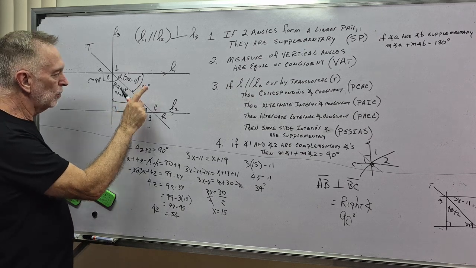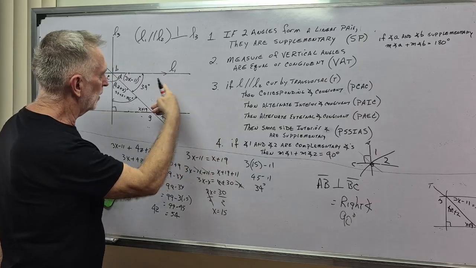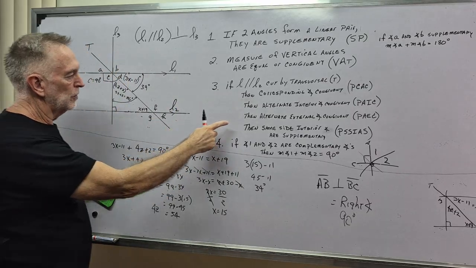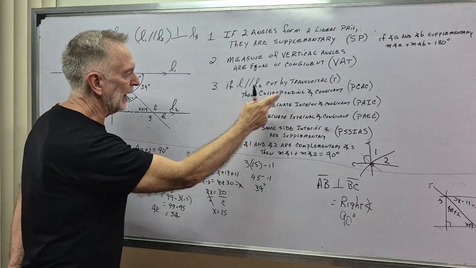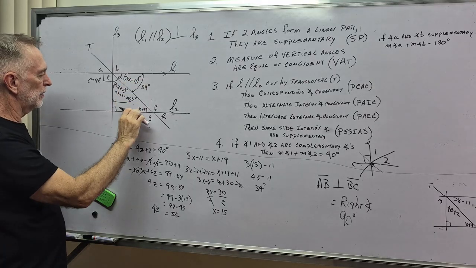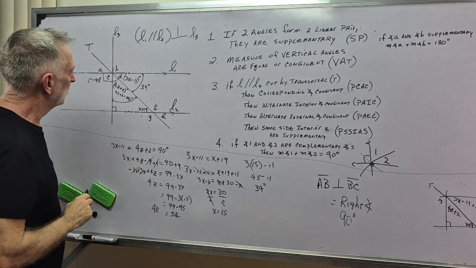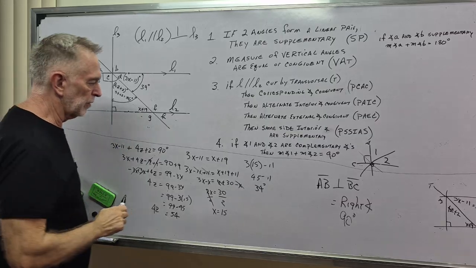Now, we know from the parallel lines, transversal, the alternate interior angles are congruent. It's saying this angle and that angle are the same. So this x plus 19 should be 34 degrees.